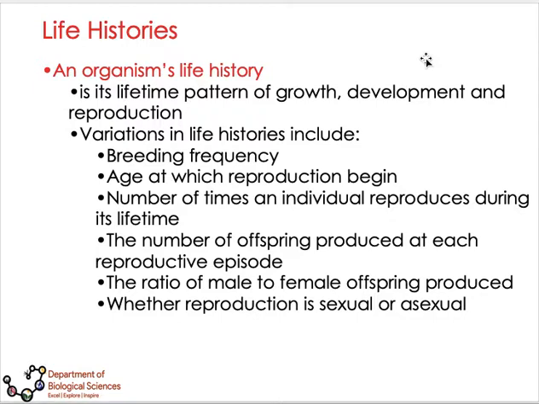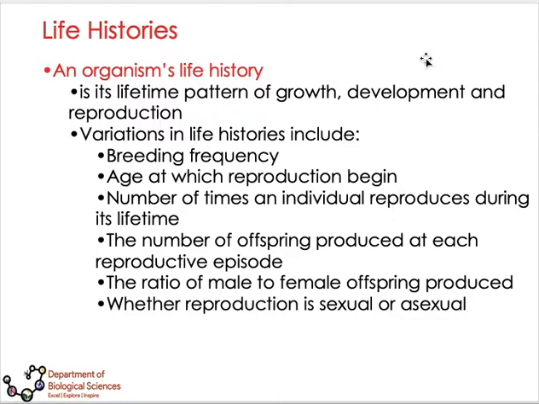An organism's life history is the whole life cycle of an individual from the day that it was born, how it develops, up to the time that it is capable of reproducing its own kind. It is a lifetime pattern of growth, development, and reproduction as it reaches its post-reproductive stage.